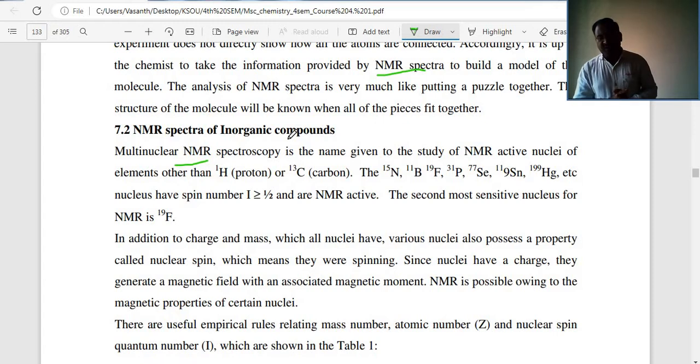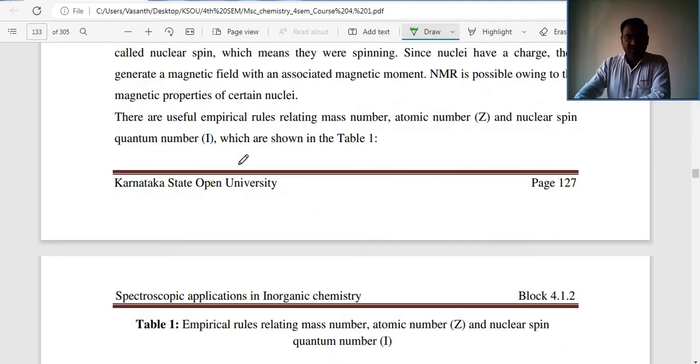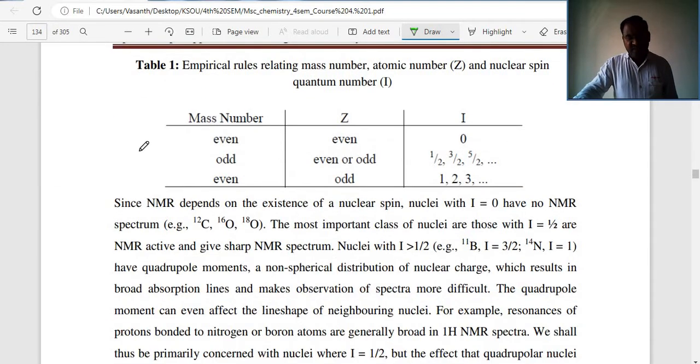NMR is possible owing to the magnetic properties of certain nuclei. There are very useful empirical rules relating mass number, atomic number and nuclear spin quantum number.